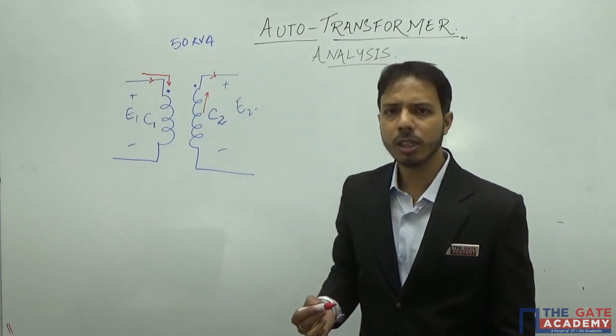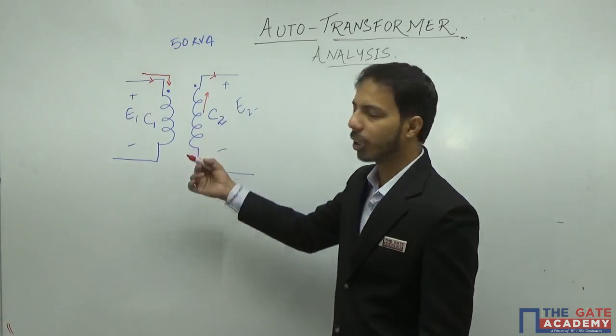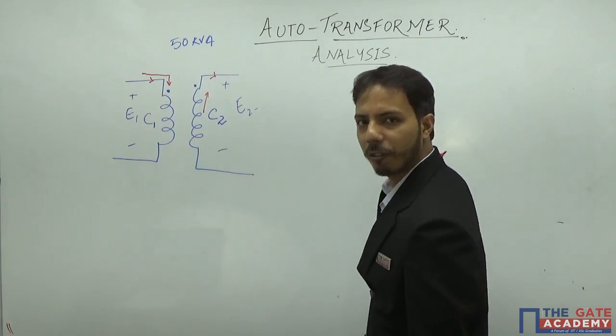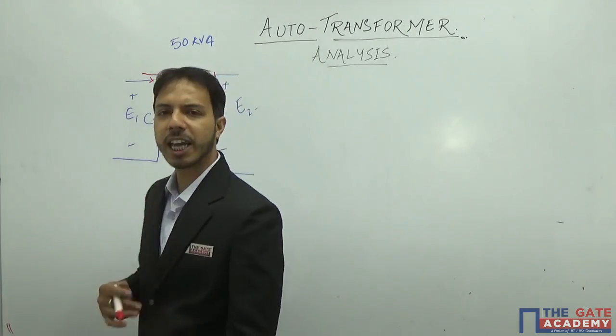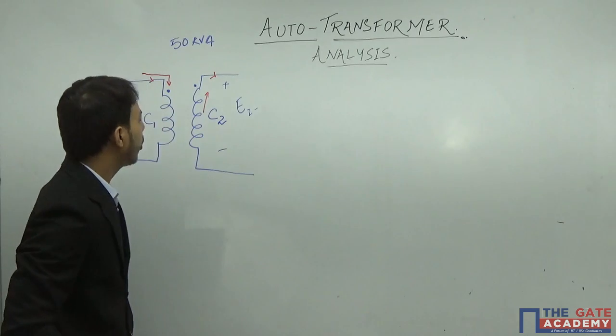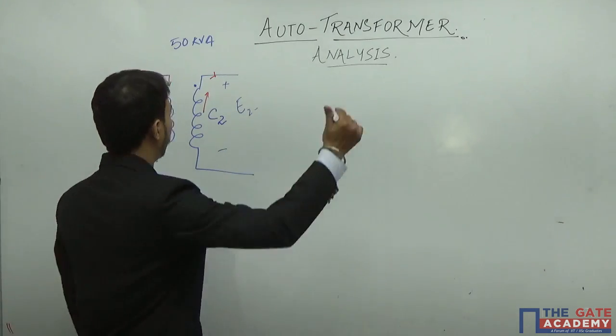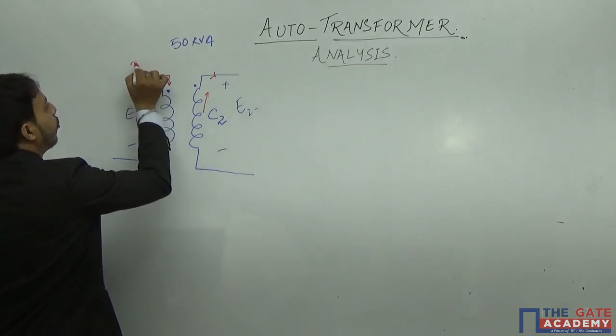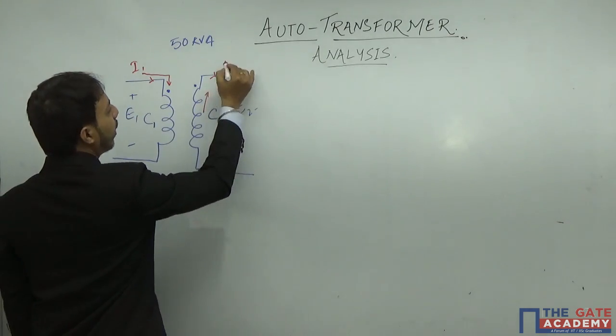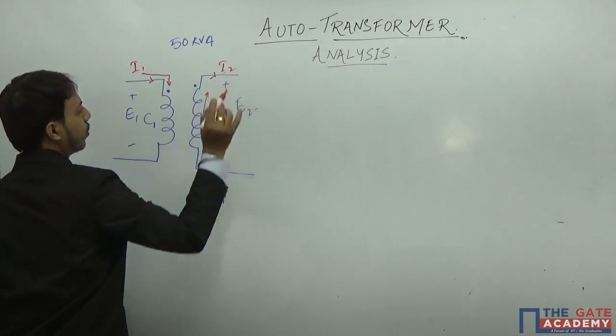And I will be using this dot convention to explain the current phenomena in the kVA of the autotransformer, to find out the kVA in an autotransformer. So let us say current I1 here, and here I am having current I2.